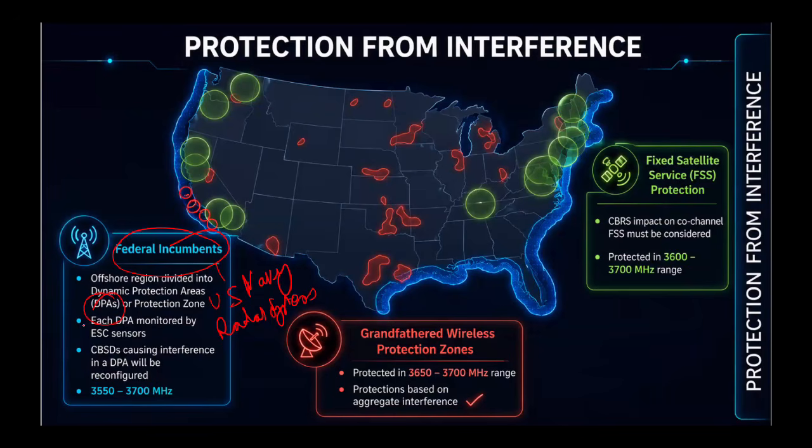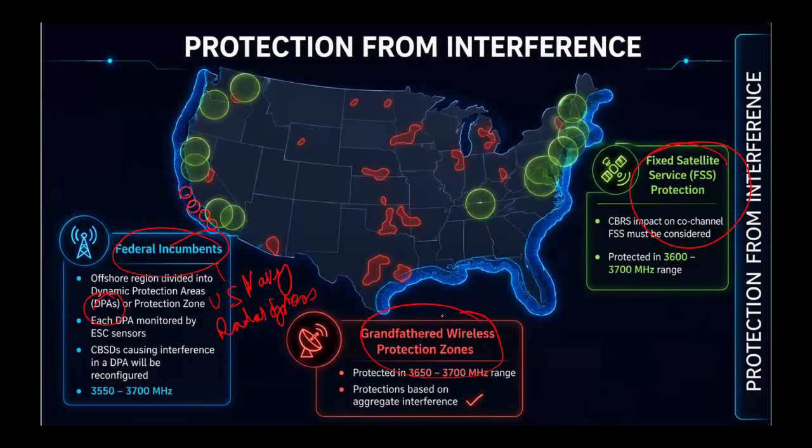Second, we have the fixed satellite service, or the FSS. The SAS also has to consider interference protection for applicable satellite earth stations. Third, we have the grandfathered wireless protection zones. Here, legacy operations receive protection under the CBRS transition rules.